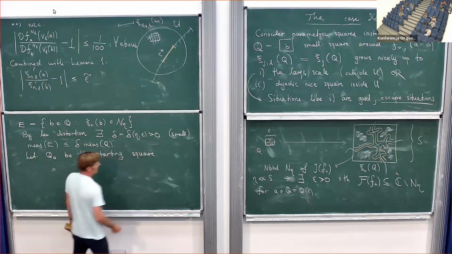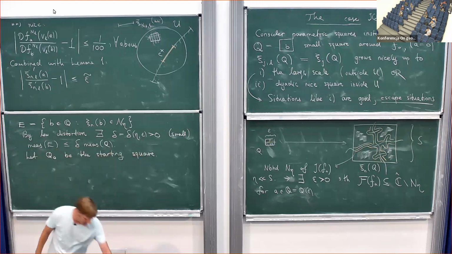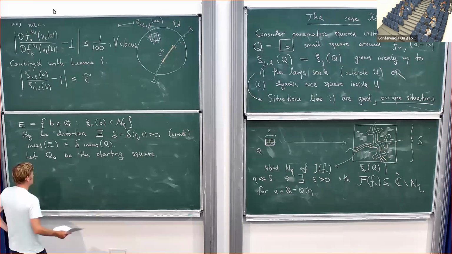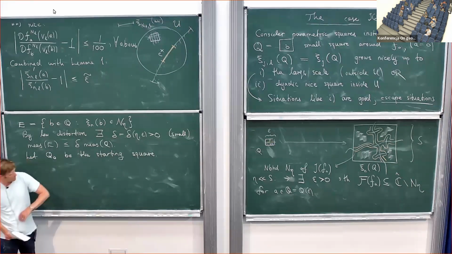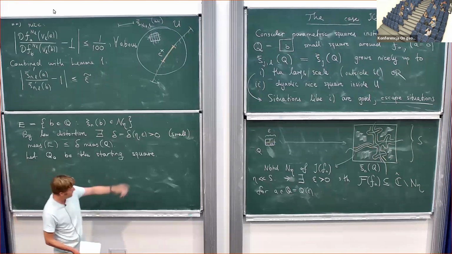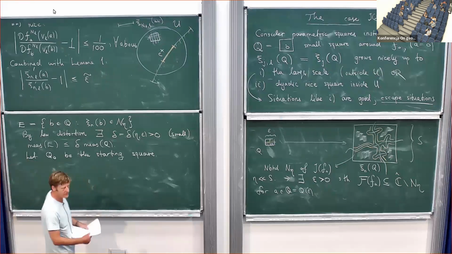So when I did this for any square really in the partition, but if you look back in the starting square, I said that in words, I didn't write it, but I said that most partition elements will actually have this escape situation.